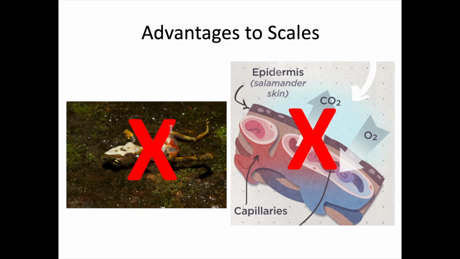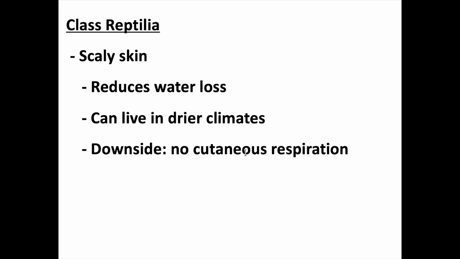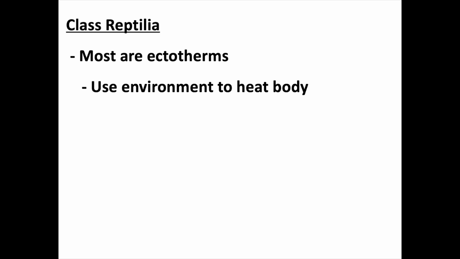So you no longer die to environmental factors like fungi through your thin skin, but you can't breathe through your skin either. Reptiles get around this by having lungs and a circulatory system that is more efficient than that of amphibians. But again, we'll see that play out when we get to our circulatory system chapter. But yep, they've got scaly skin instead of incredibly thin amphibian skin.